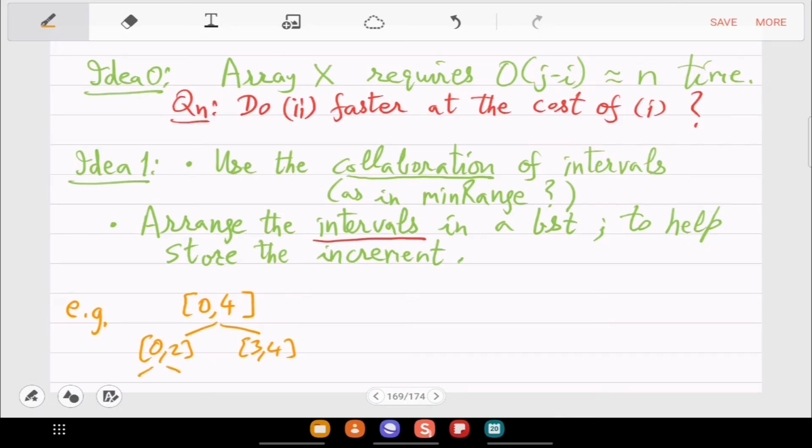And what should be the children of these? So these are just the singleton intervals, right? So this is 0, 1, 1, 2. It's not very good. Wait.